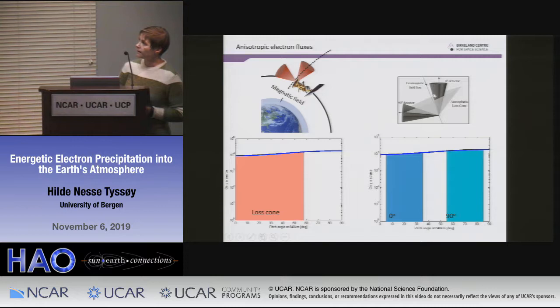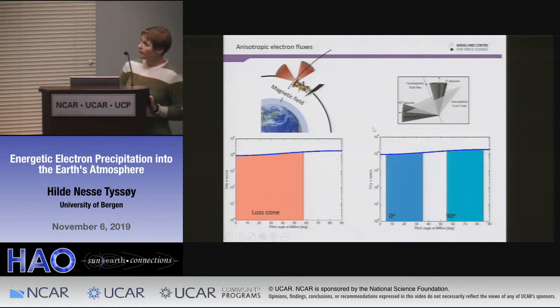Here is one example of how the geometry could look, where the light shaded gray is the loss cone. The 0-degree detector is here and the 90-degree detector is here. But where they are pointing will vary with the satellite orbit. And this is kind of a best case scenario where the 90-degree detector sees partly within and partly outside the loss cone.